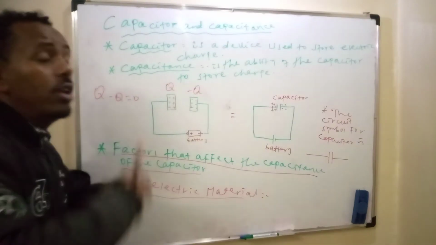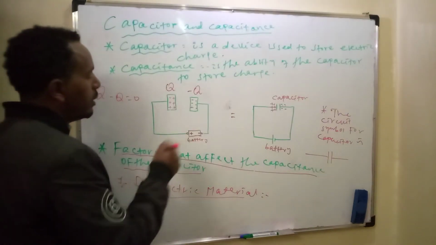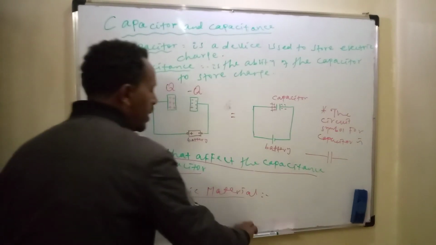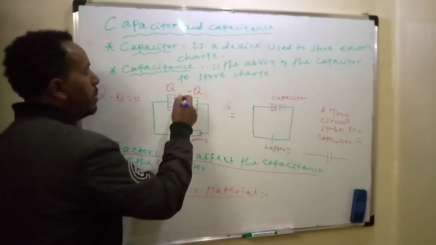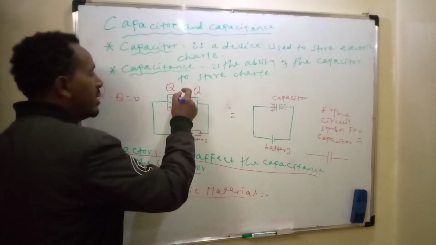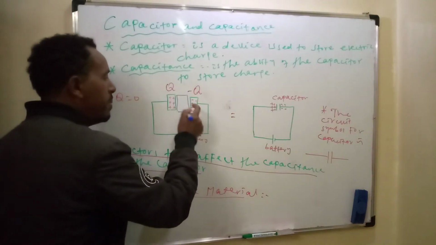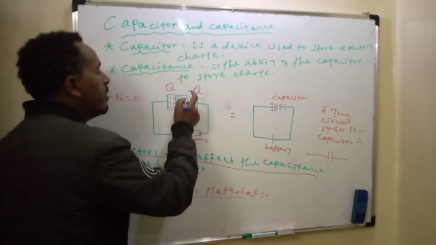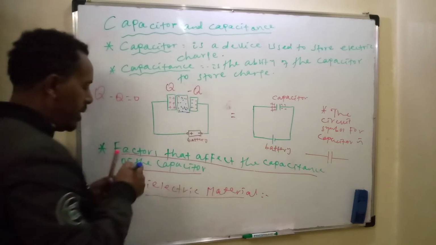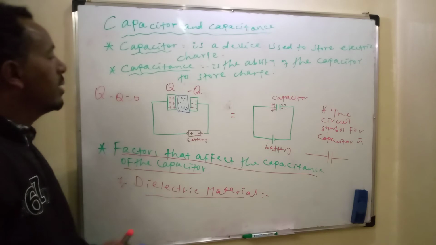A dielectric material is an insulator which is inserted between the parallel plate capacitor. If these two are parallel plate capacitors, dielectric materials may be inserted between the two plates.